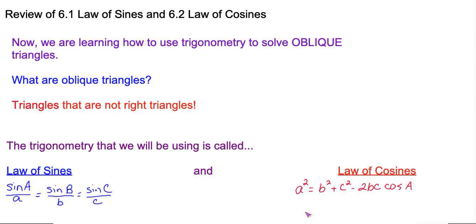So you really just have to know how they're all related. Now, sometimes you may see the whole formula written where it's solved for cosine A, because sometimes when we use law of cosines, we're finding that angle measure.